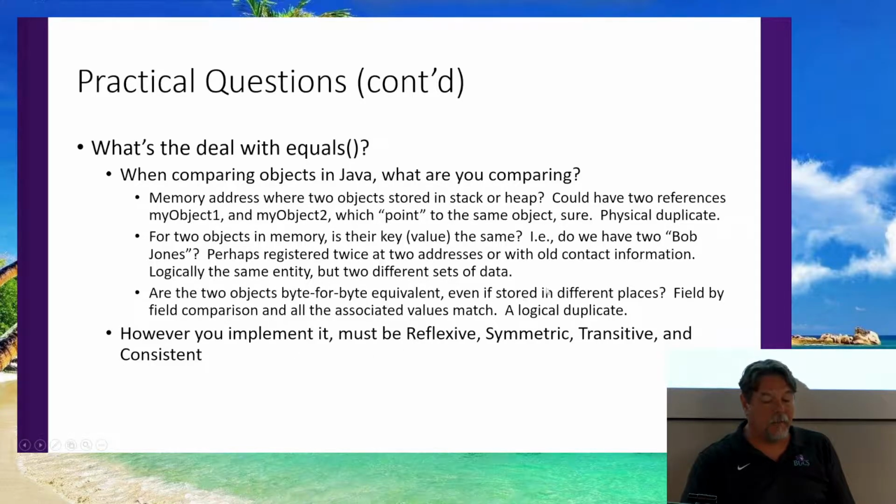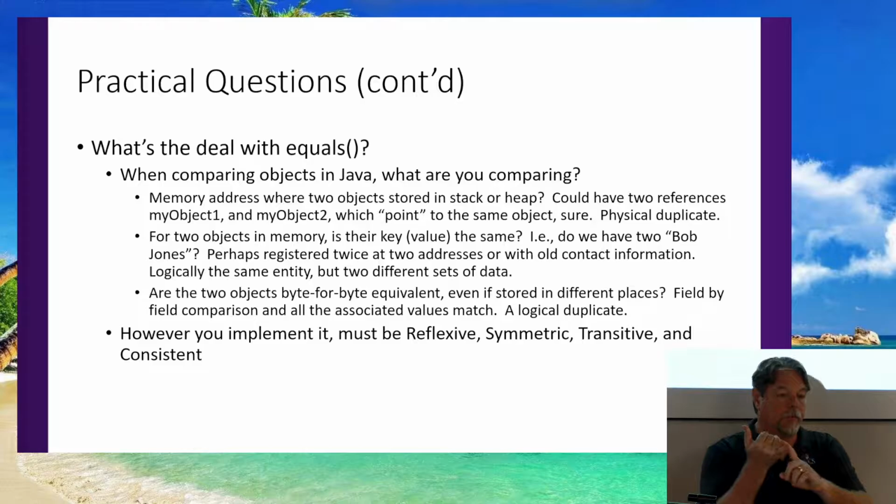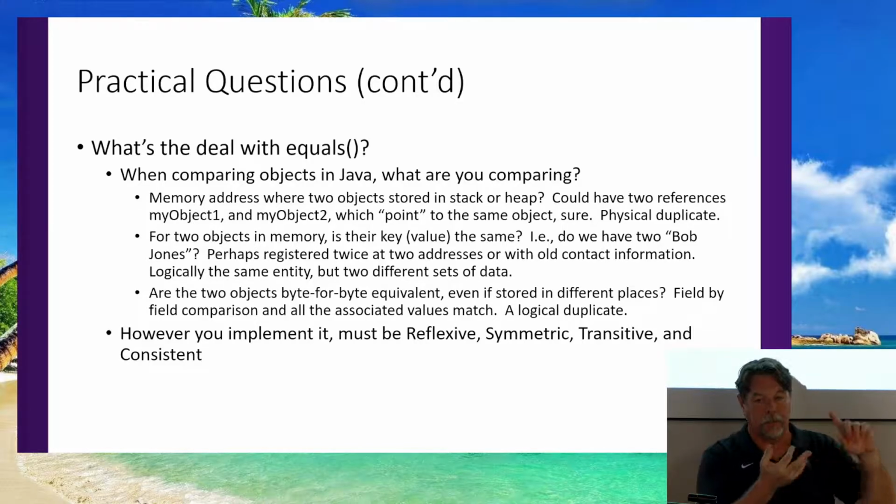The last example here is probably a more useful one, and more common: if you have an object and you want to know whether it's equal to another instance of that object, you implement the dot equals and you do a field by field comparison. Is the name the same? Is the first name the same? Is the middle initial the same? Is the phone number the same?